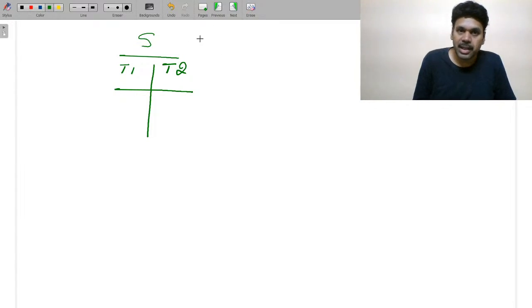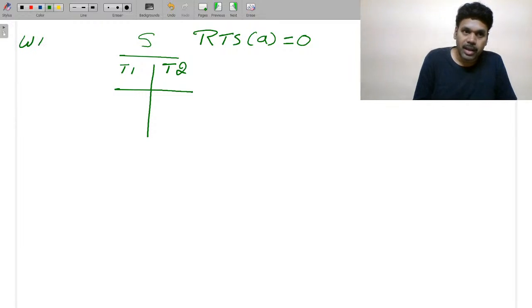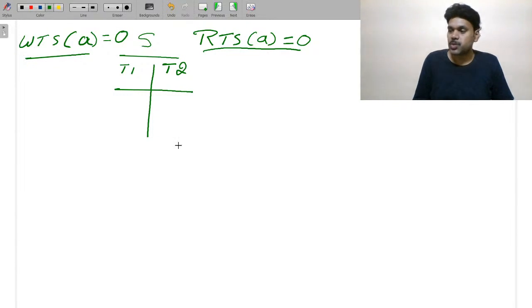Initially I am executing on object A. Initial read timestamp is 0 and initial write timestamp is 0. These are assumptions unless the examiner specifies otherwise. So object A timestamp is 0 as per read and as per write. Now observe how this schedule is going to react.